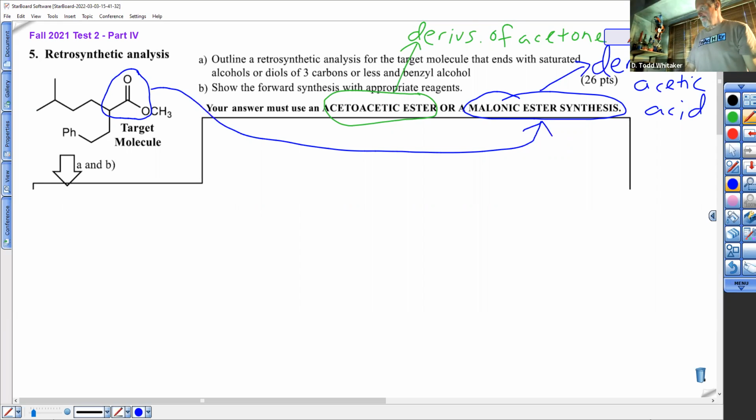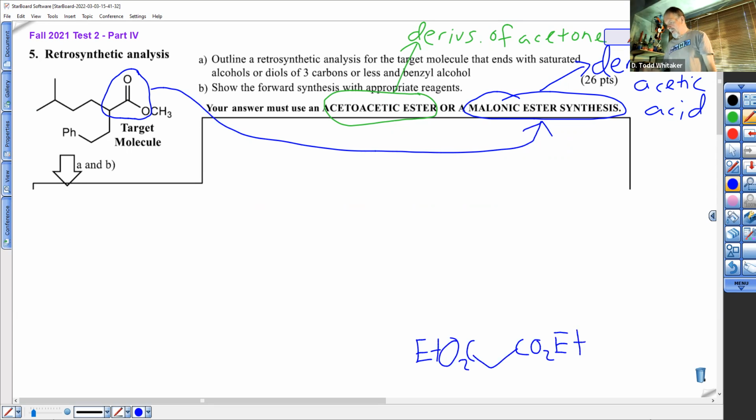Good. So somewhere you're going to have, hey, I just had inspiration here. I'm going to do this one very differently than I've ever done it. You're not allowed to start with that molecule, but that's diethyl malonate. It's a malonic ester. You know you have to use it. In the forward direction, you got to put groups on it.